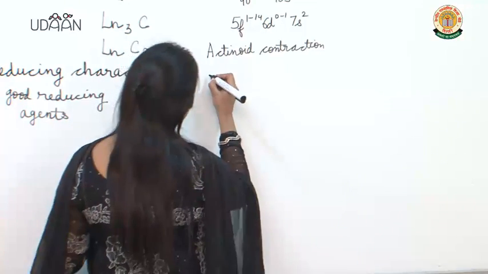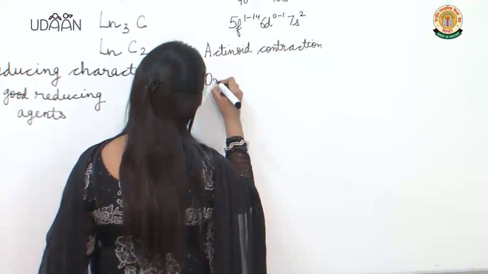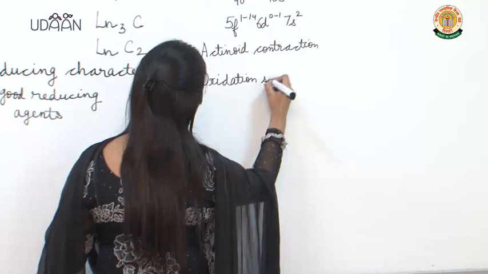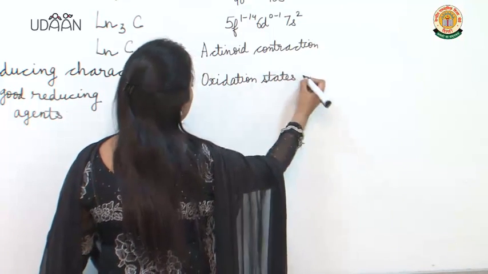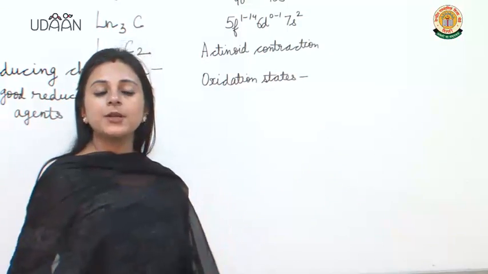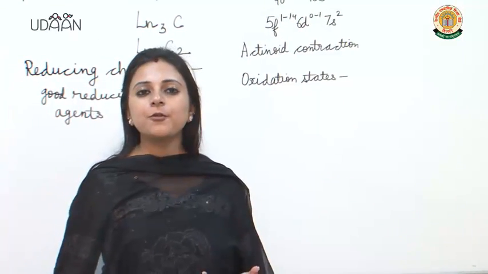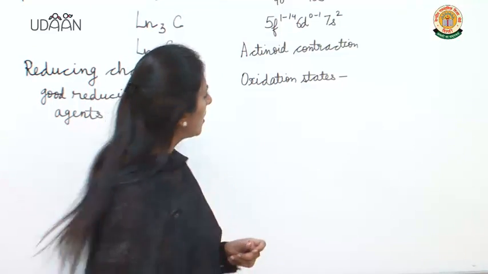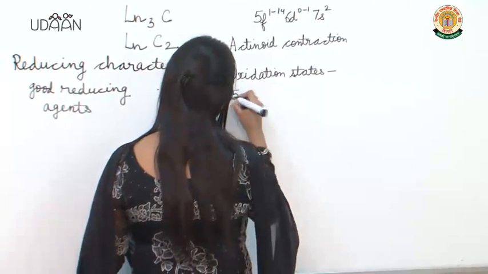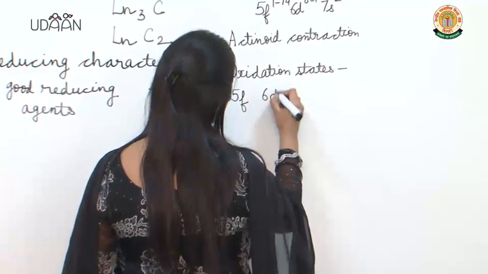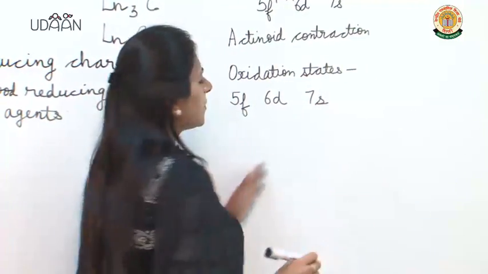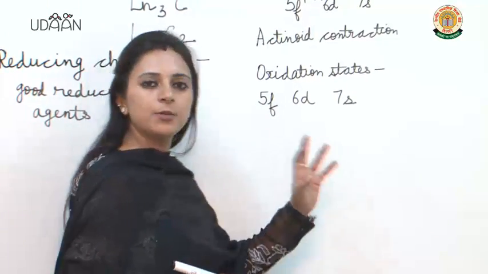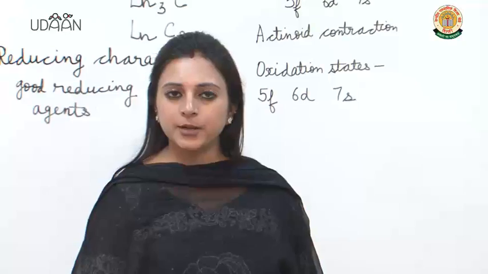Now, when we talk about the oxidation states, actinoids exhibit much larger number of oxidation states as compared to lanthanoids. What is the reason? Because the energy gap between 5f, 6d and 7s is very small. So, electrons from all these orbitals can participate in bonding.